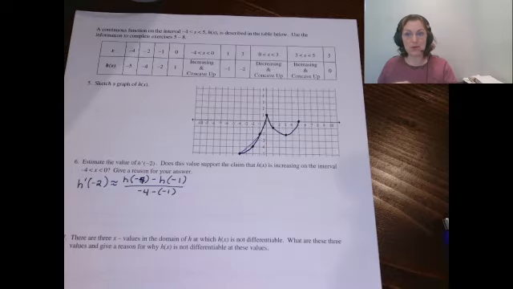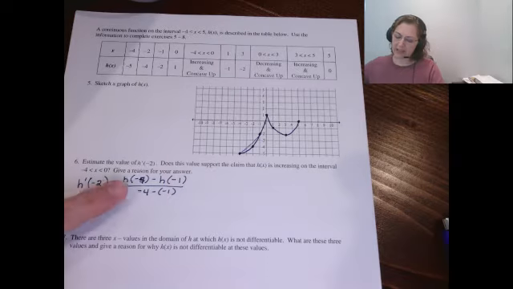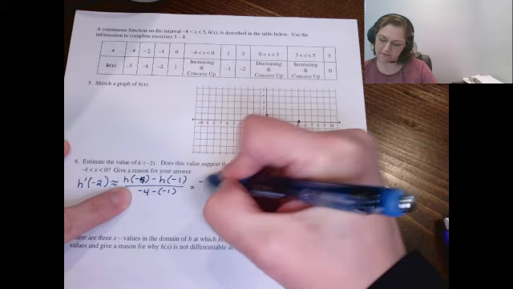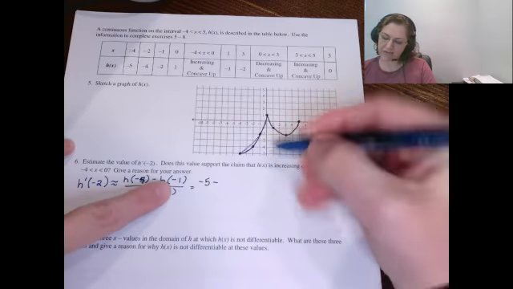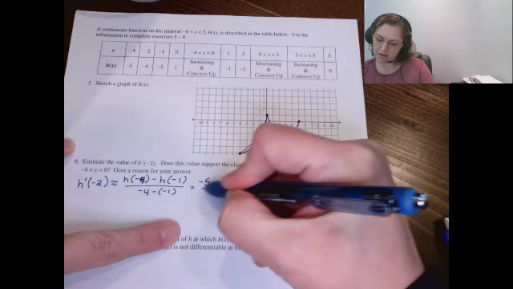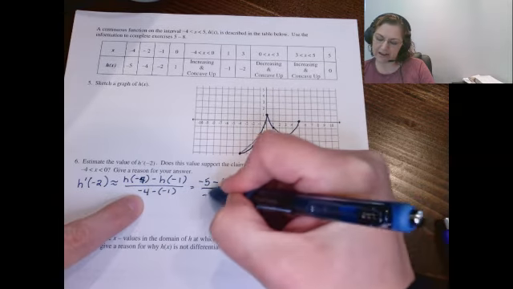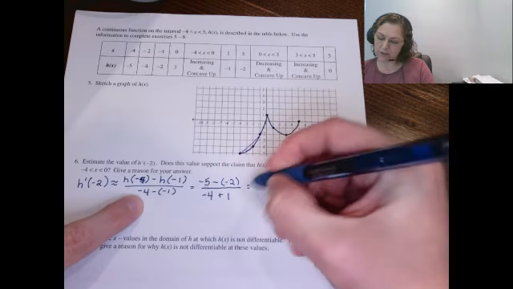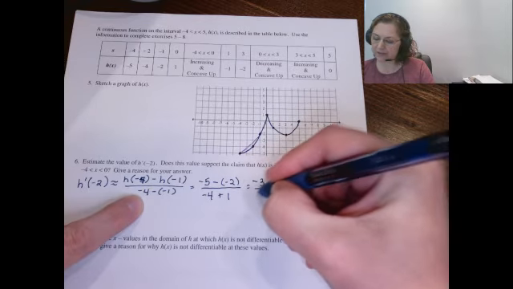Y2 minus y1 over x2 minus x1. Now, h of -4, we were told, is -5. H of -1 would be -2 over -4 plus 1. Now go ahead and do a little bit of cleanup here.